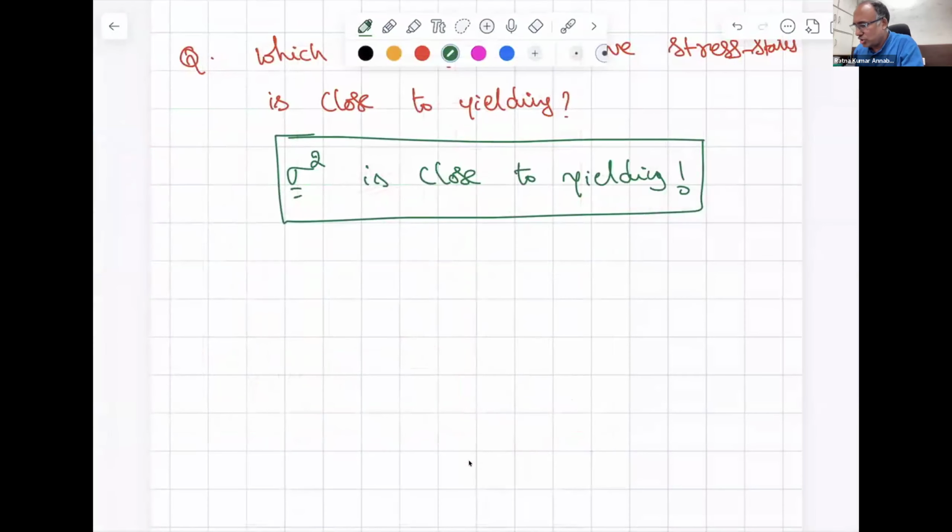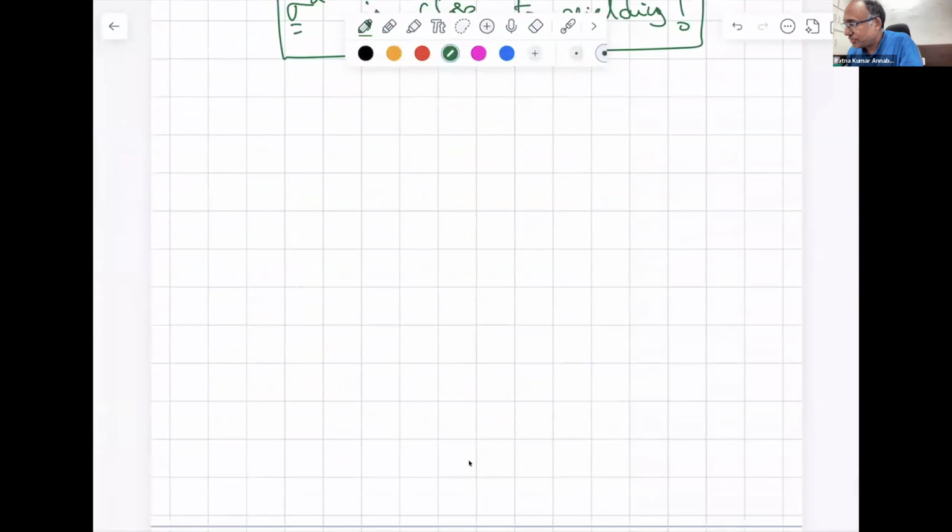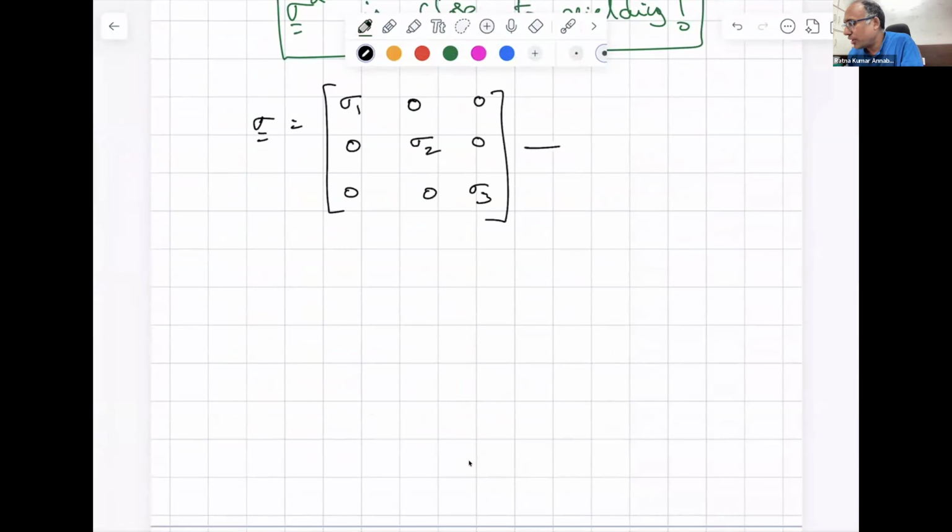So the strain, and suppose you have a three-dimensional state of stress, so you have sigma. I can write it in terms of principal stresses, no problem, right? Because we have just now shown that the stress state. And corresponding to these stresses, you have epsilon 1, epsilon 2, epsilon 3, the strains.